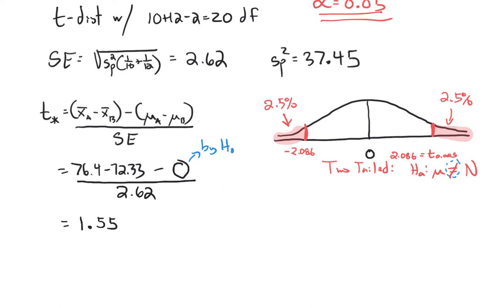So where is 1.55 in our diagram here? Well, 1.55 is there. That's 1.55 standard errors from the mean. There's our t star. So it's not in the rejection region. It's not extreme enough for us to say that the mean isn't 0. So our test statistic does not lie in the rejection region.